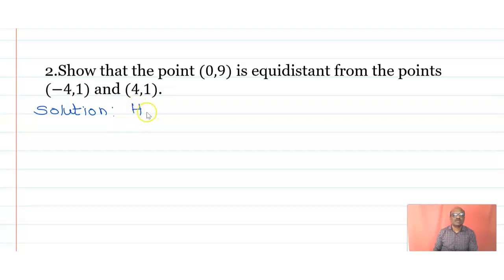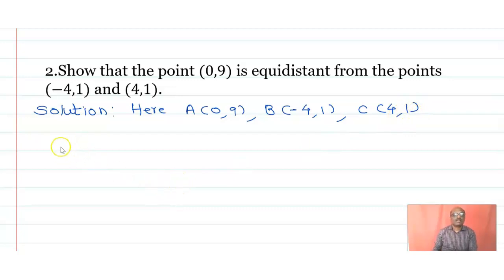Here suppose A is (0, 9), B we take as (-4, 1), C is (4, 1).